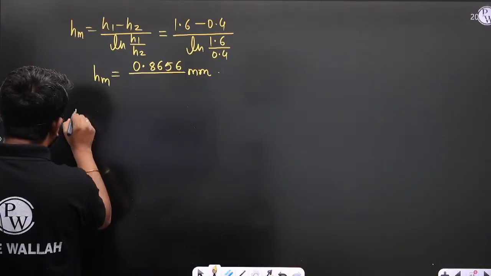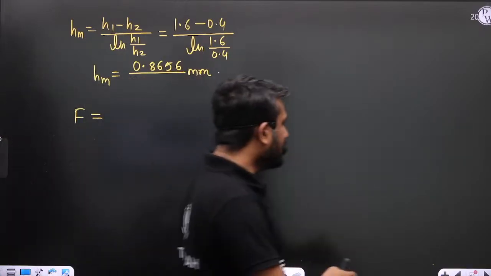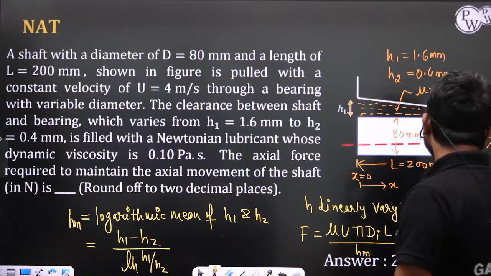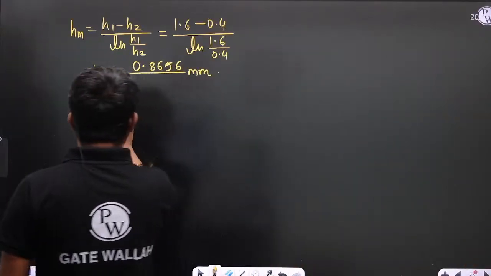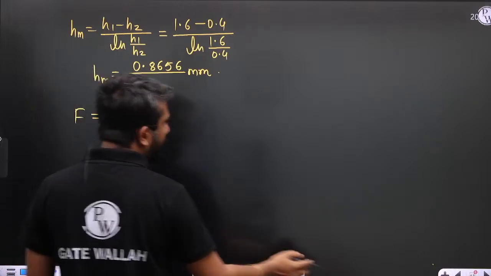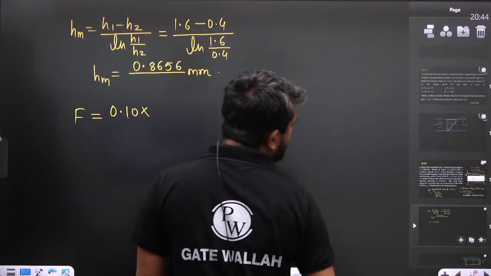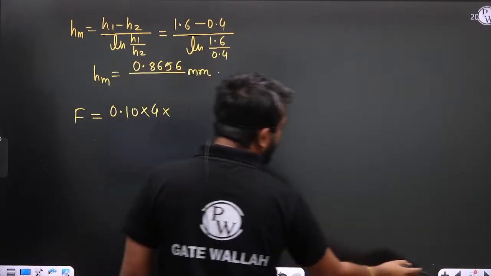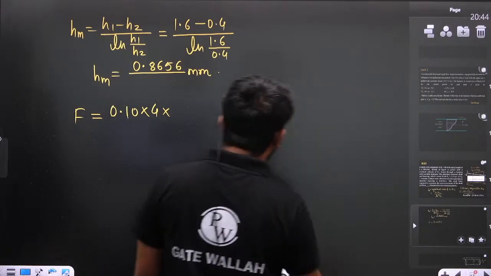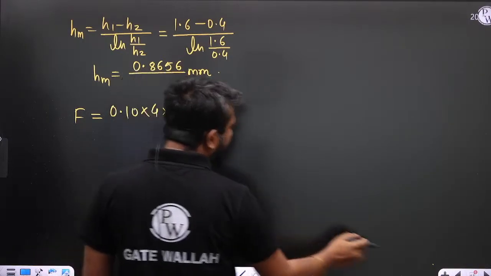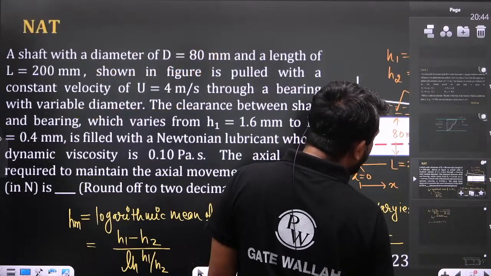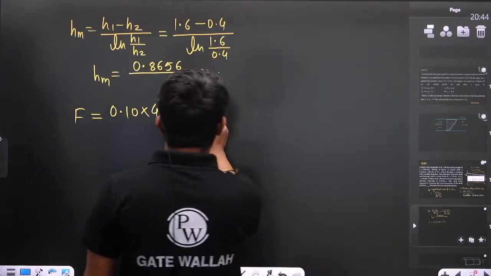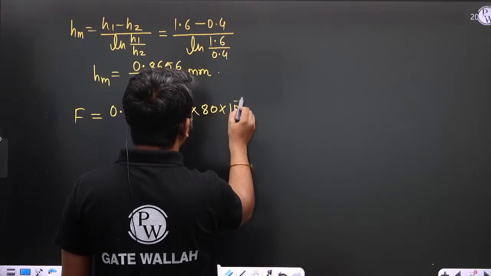So the force required to pull the shaft with constant velocity u is mu multiplied by u. And what is the mu? Mu is 0.10 Pascal second, multiplied by u. U is mentioned as 4 meter per second, multiplied by pi into DI into L. The DI is 80 millimeter, so 80 into 10 to the power minus 3 meter.